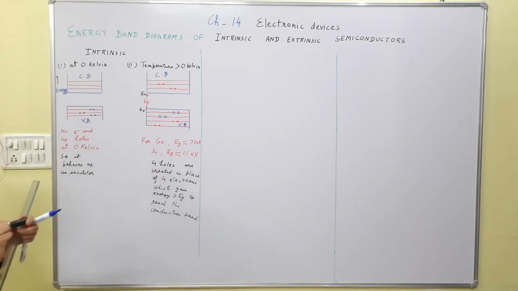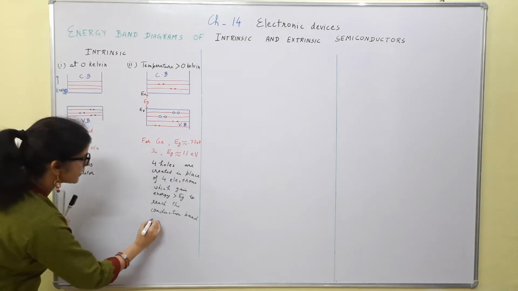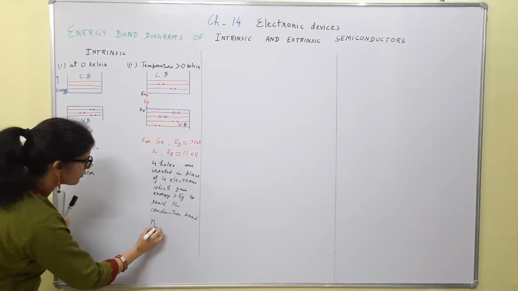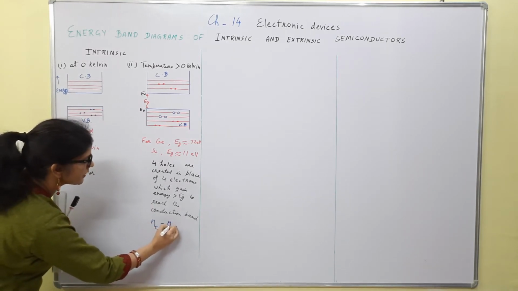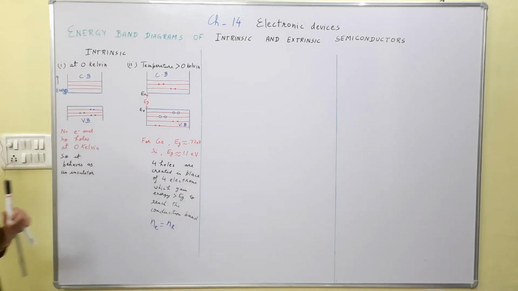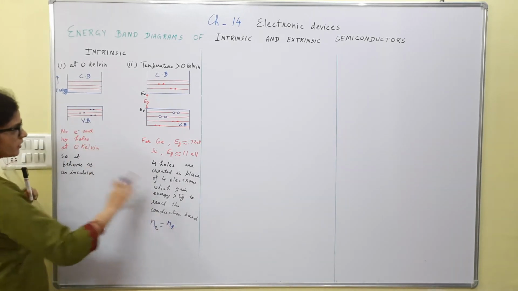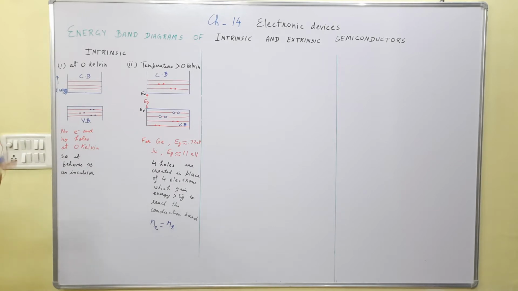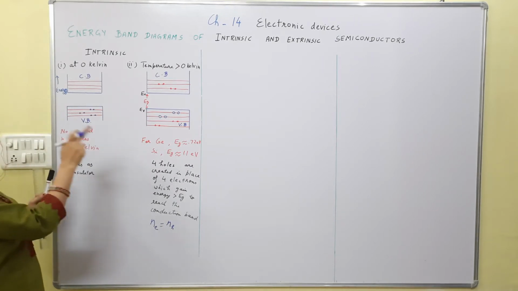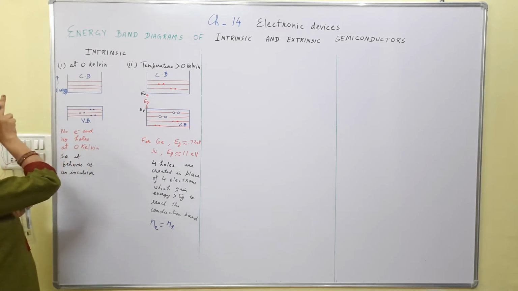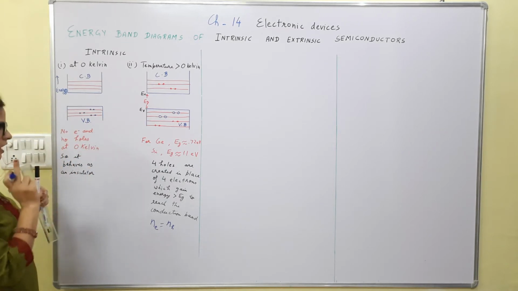Right? So there is no impurity in an intrinsic semiconductor. So that's why you can say that the number density of electrons is equal to the number density of holes. Right? So these are important points here. That's why a semiconductor conducts above 0 Kelvin, but at 0 Kelvin it behaves as an insulator.